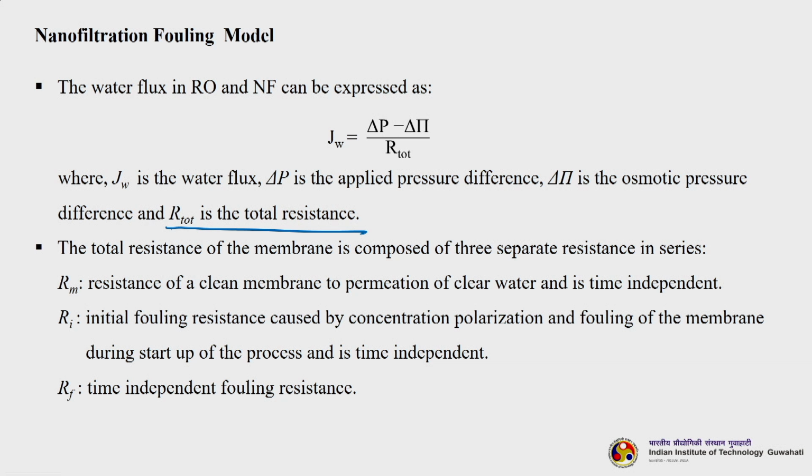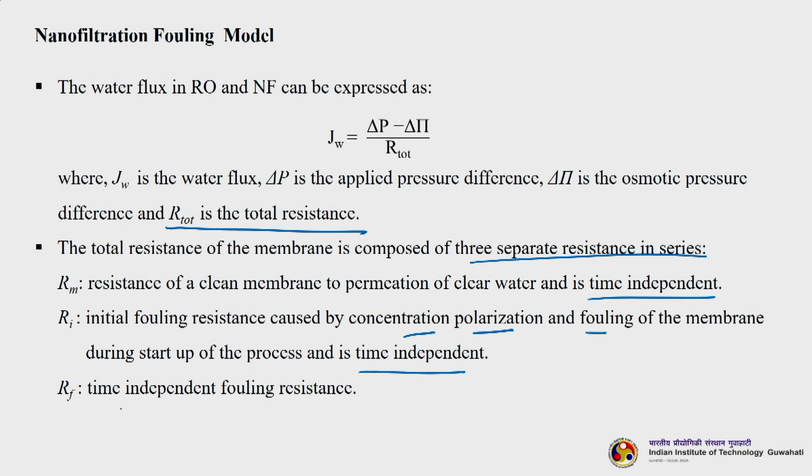Now, the total resistance of the membrane is composed of 3 separate resistances in series. Okay. So, Rm, Ri and Rf. So, Rm is the resistance of a clean membrane to permeation of clean water and it is time independent. Okay. So, Ri is initial fouling resistance caused by concentration polarization and fouling of the membrane and it is time independent. Okay.